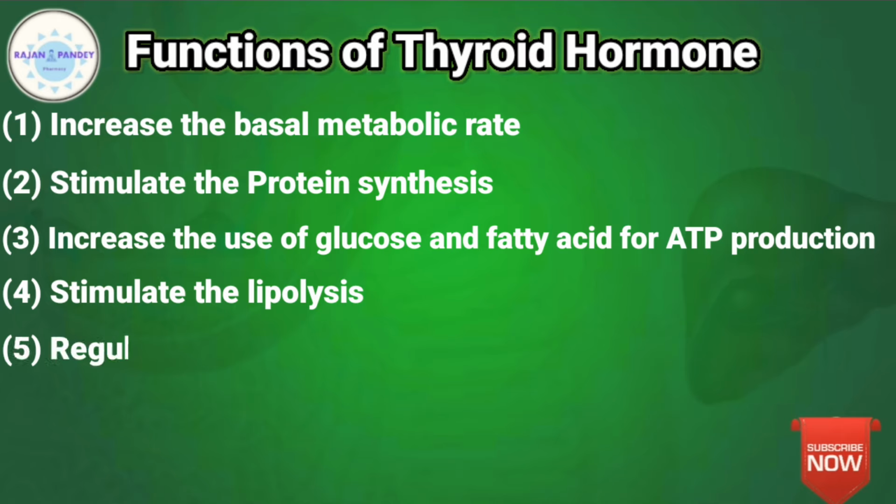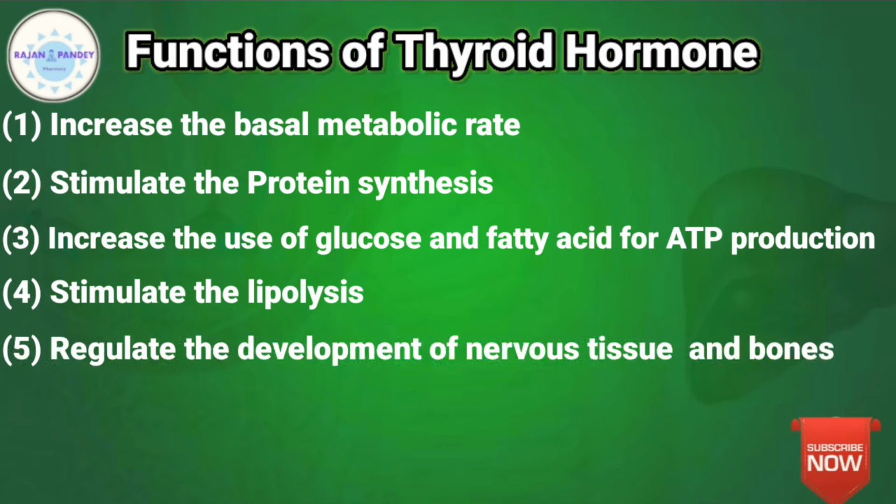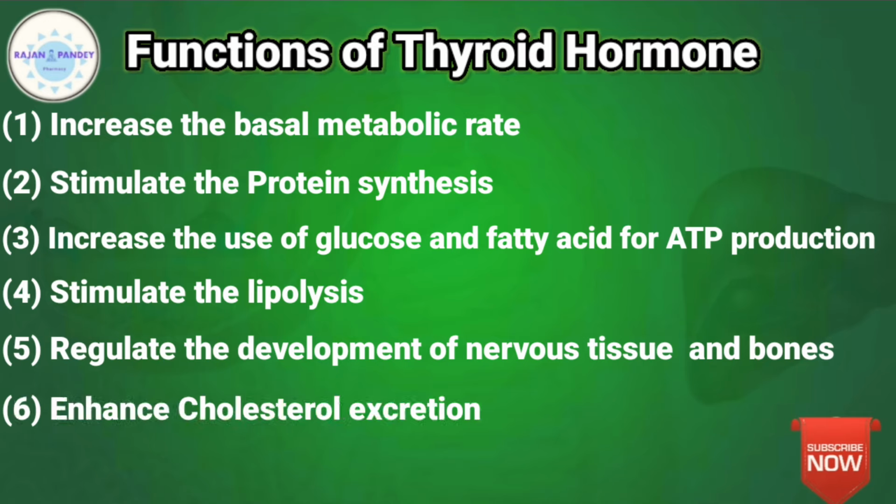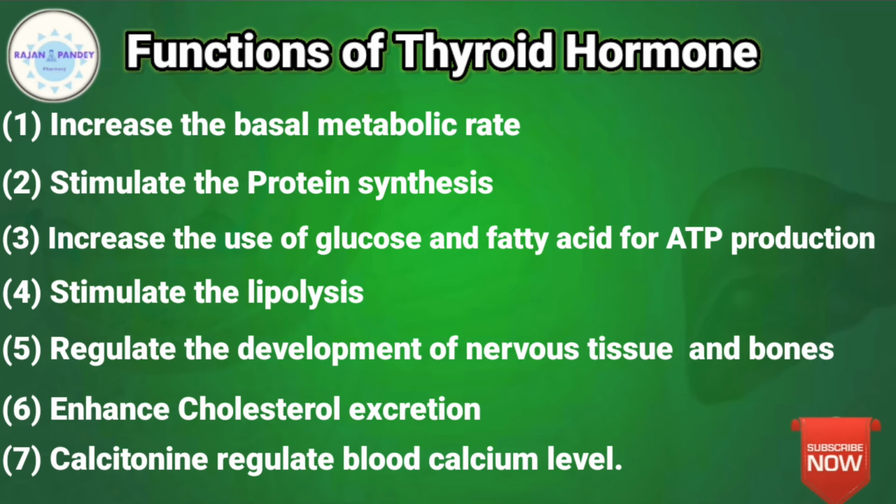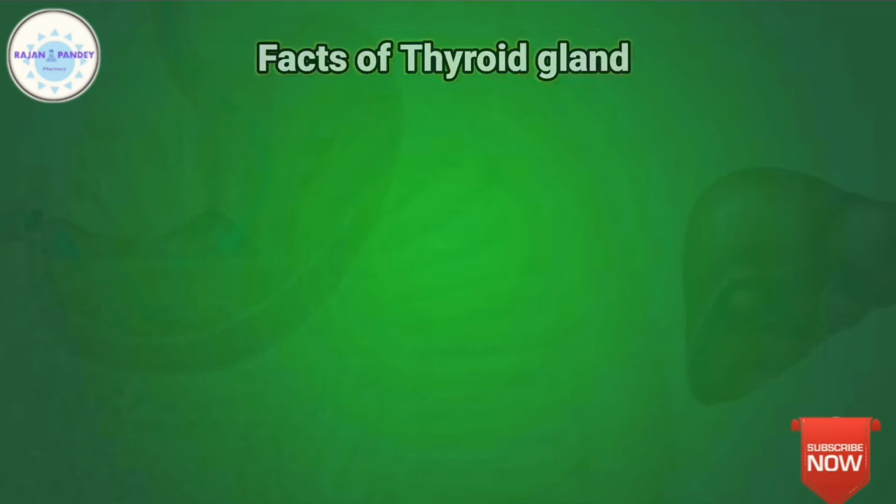Thyroid hormone regulates the development and growth of nervous tissue and bones. These hormones enhance cholesterol excretion. The hormone calcitonin, also known as thyrocalcitonin, produced by parafollicular cells, acts on the bone and the kidney to reduce blood calcium level when it is raised.